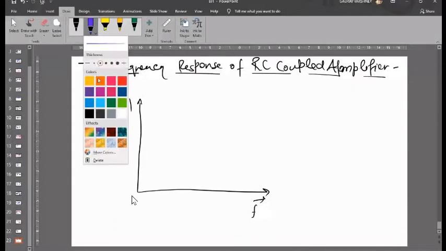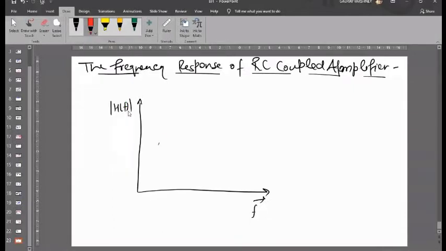Okay, and here specifically, if I ask you to draw the frequency response of RC coupled amplifier, it will be like that. Right? And there are certain limits.